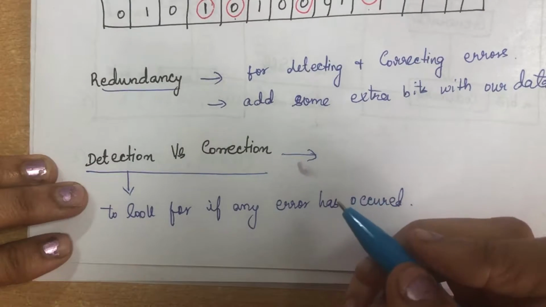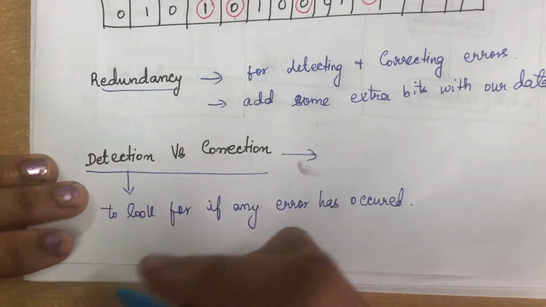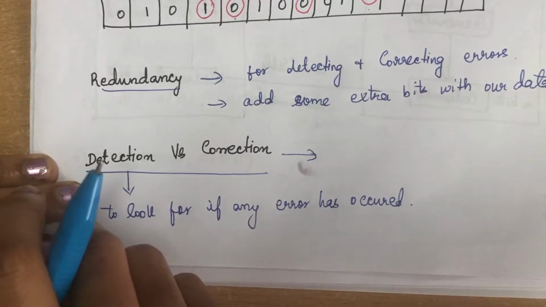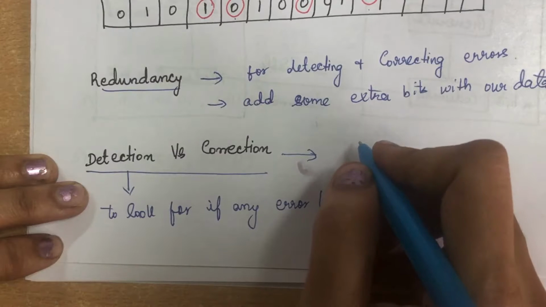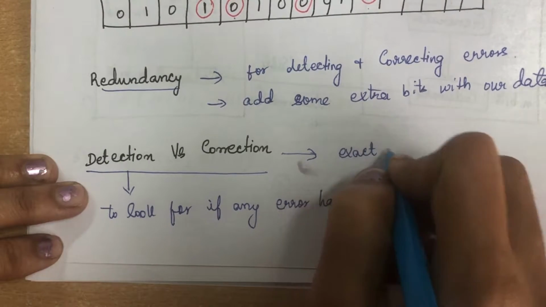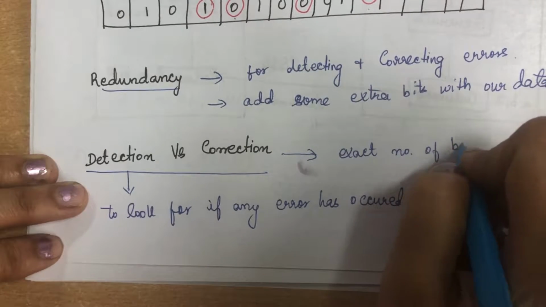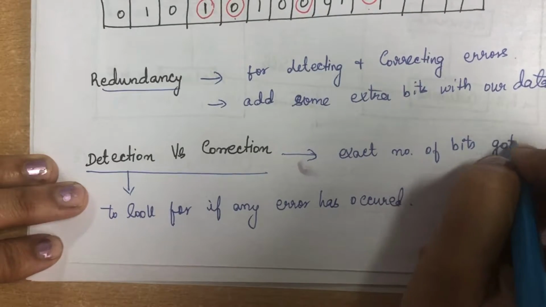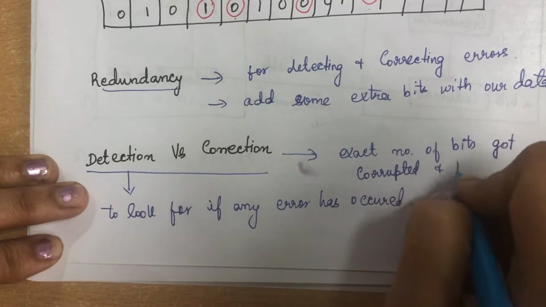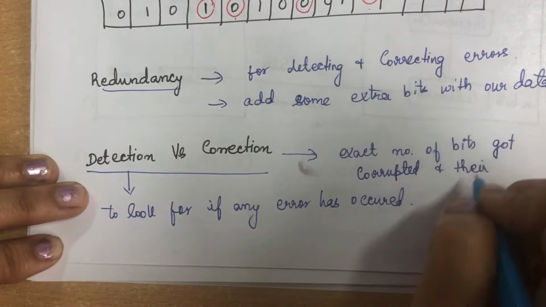Correction means we need to know exactly the location where bits have got corrupted, the exact number of bits that got corrupted and their locations. That is called error correction.